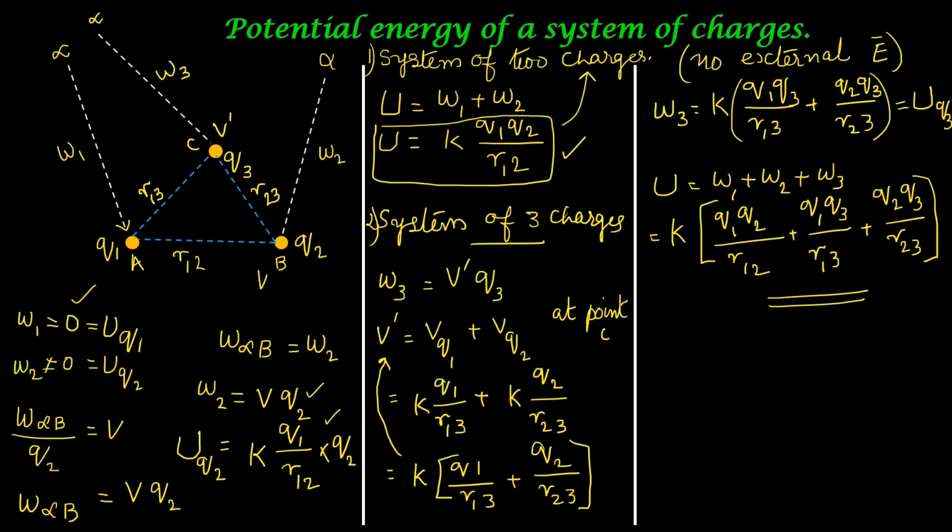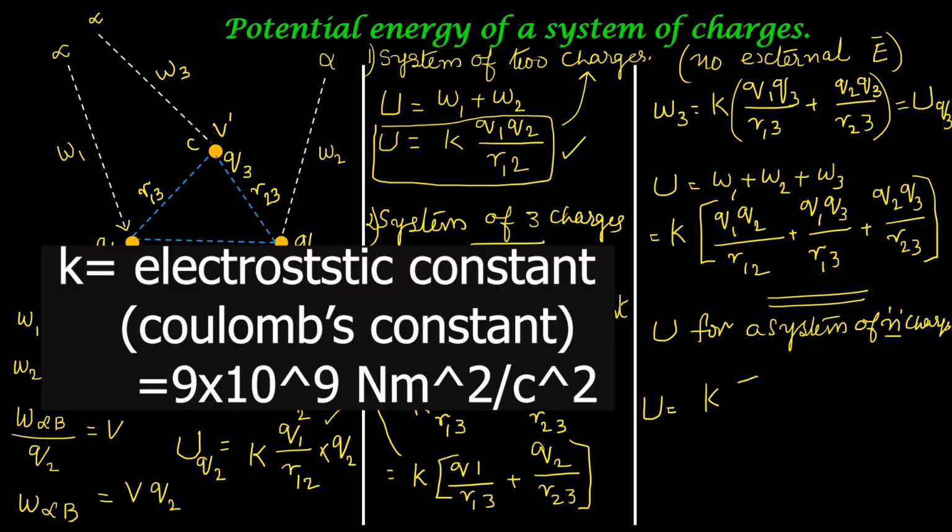Now we will write the expression for potential energy of a system of n charges. U is equal to K sigma, that is sum of Qi Qj upon Rij, where i is not equal to j. That is, i and j cannot have the same values.